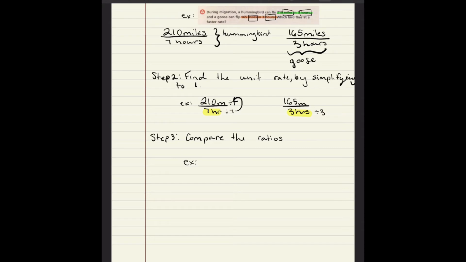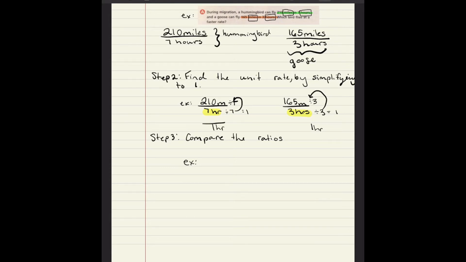It's the same thing here. 3 divided by 3 will give you 1. But what you do to the bottom, you have to do to the top. And I guess I should have written, well, we have to find the unit rate, so we have to rewrite it. So then 1 is our hours now.